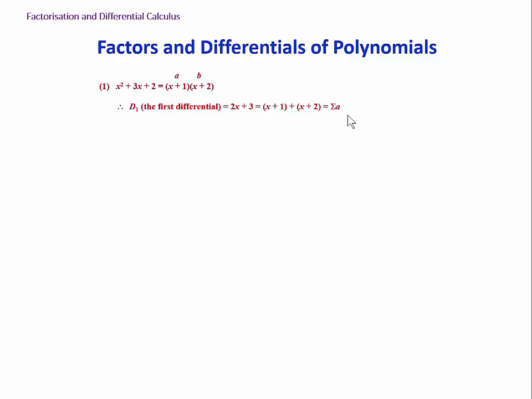But it's a neat result, and it can be extended. So he goes on to a second example, in which he has this cubic, which factorises like this, x plus 1, x plus 2, x plus 3. And the first differential there, if you differentiate this, is this quadratic expression. How is that related to the factors here?